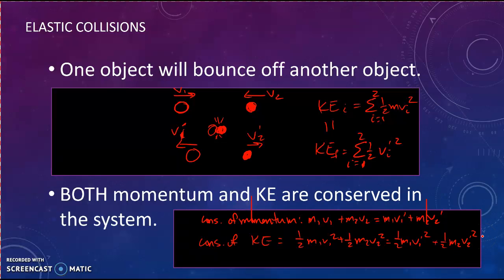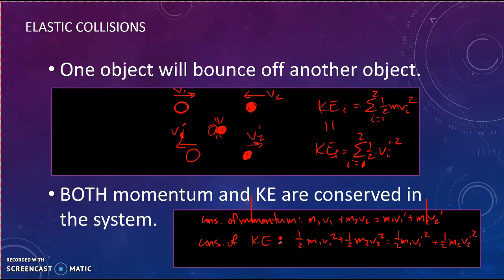All right, so it's nice that the kinetic energy is conserved and all, but the algebra can get kind of gnarly because we have potentially four different variables. We can have the two different masses, we can have the two different initial velocities, and we have the two different final velocities.